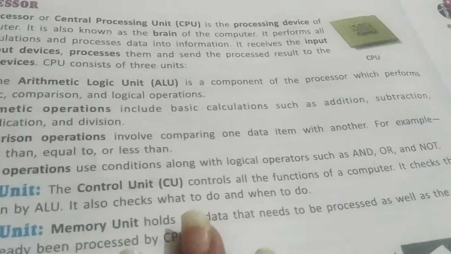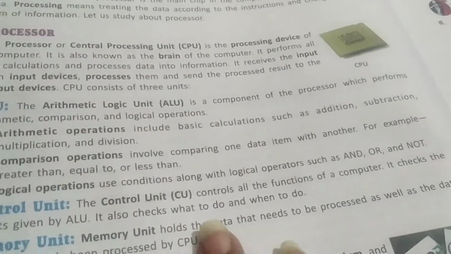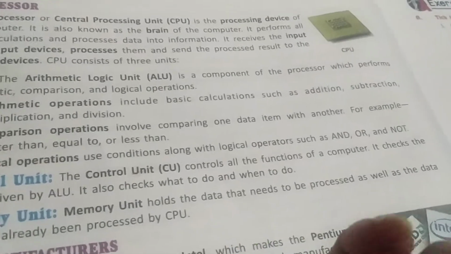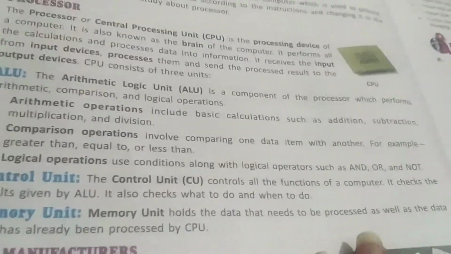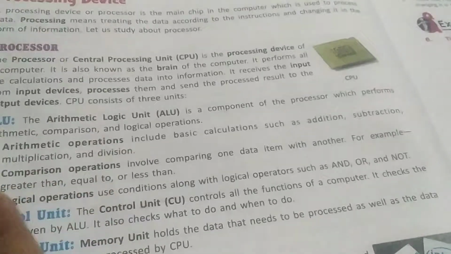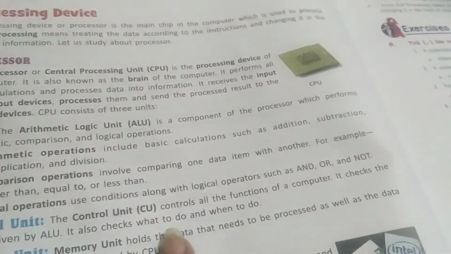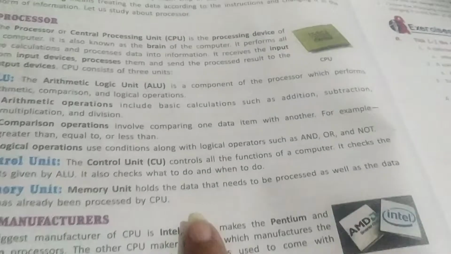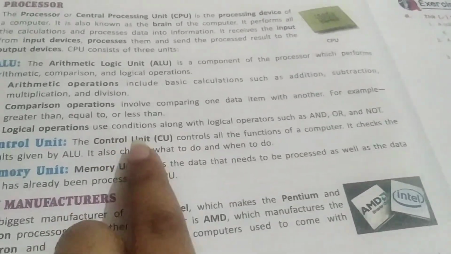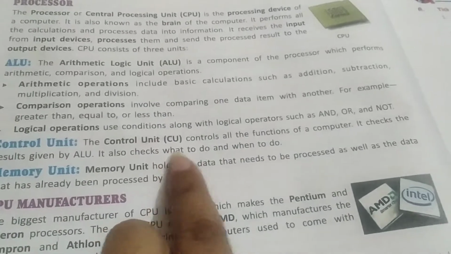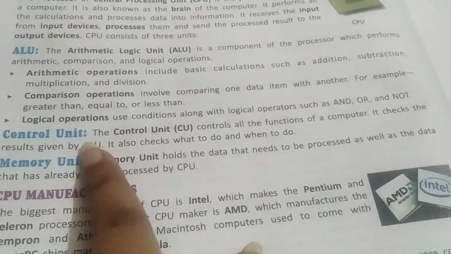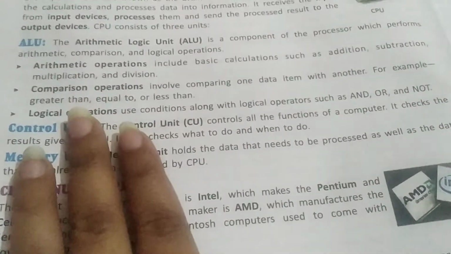It checks that all the work is done properly or not, and when the work has to be done. So who does this? It is done by our coordinators. Same in the CPU. CU is the coordinator of the whole computer. So it has the major work to check what to do, when to do, and to check that the results given by ALU are okay or not. So this is the main work of CU.